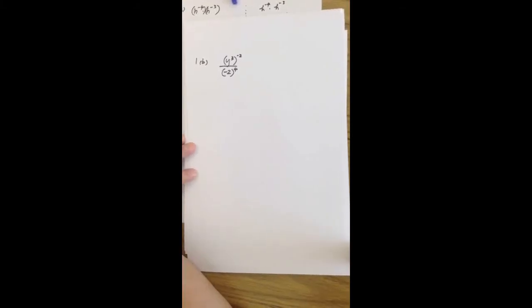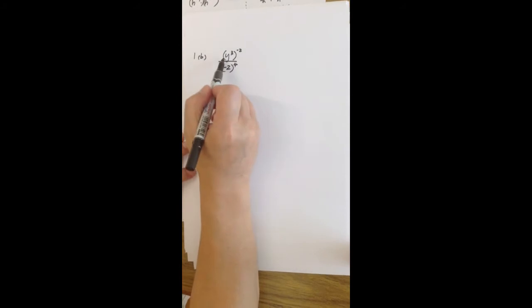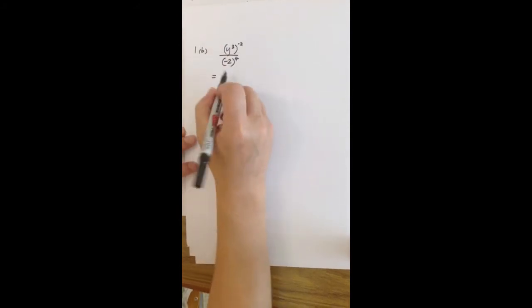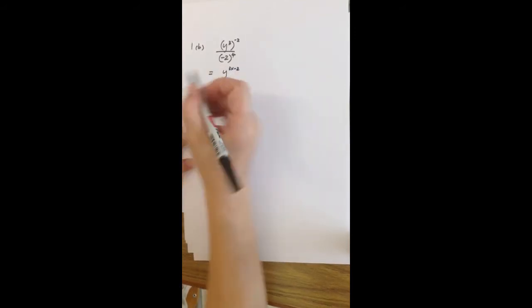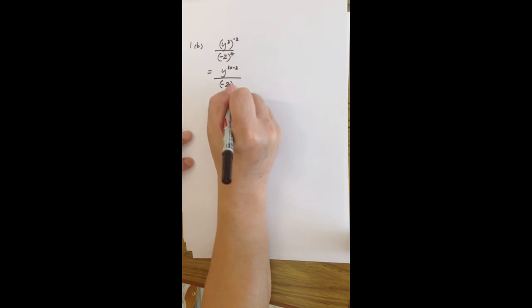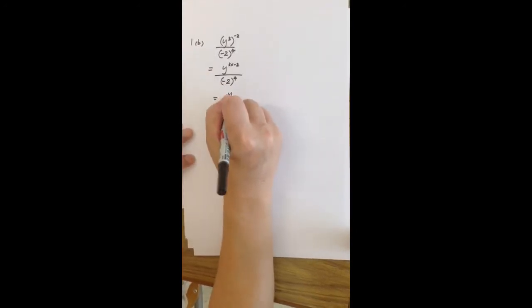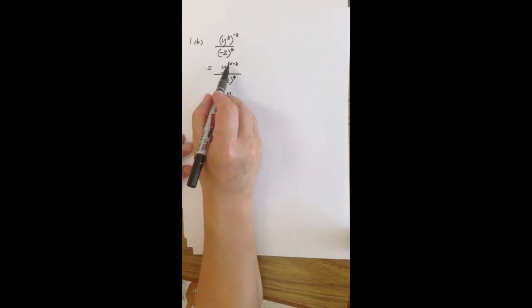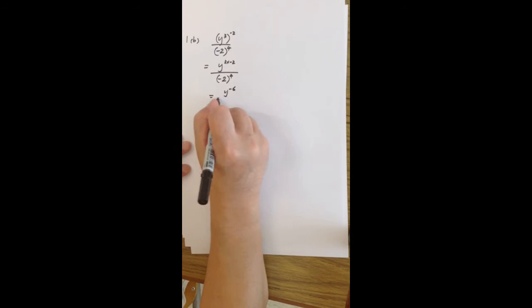For question 1b, it is quite simple. Just remove the small bracket: y to the power 3 times negative 2, and the denominator is still negative 2 to the power 4. To simplify the numerator, 3 times negative 2 is negative 6.